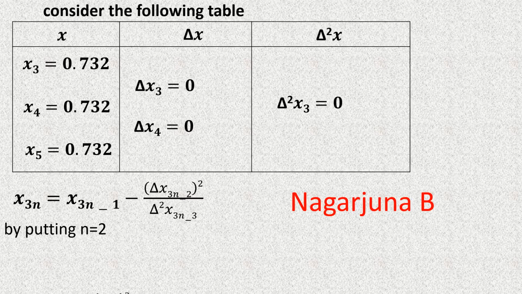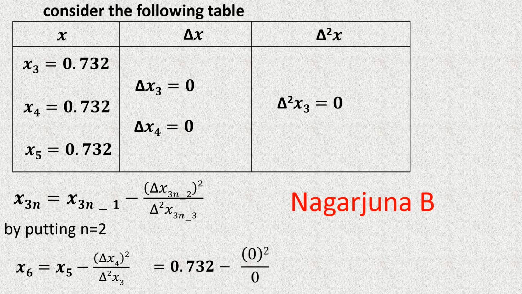Therefore x6 is equal to x5 minus delta x4 whole square divided by delta square x3. So we get the values of x5, x4 and x3 from the above table. Substitute those values. So it will be equal to 0.732 minus 0 square divided by 0.